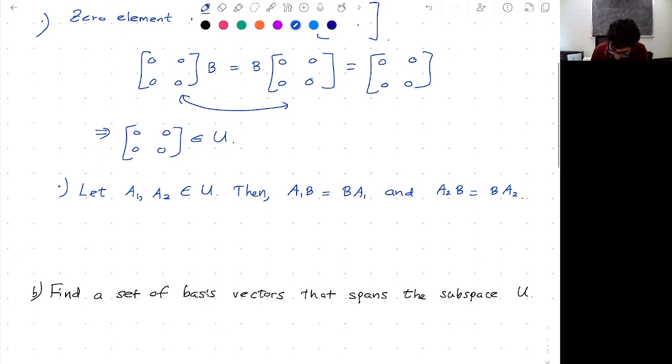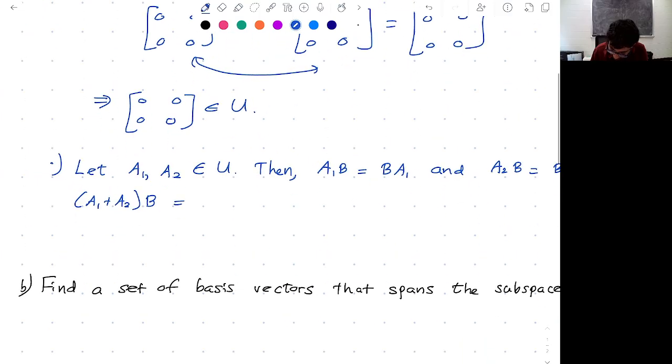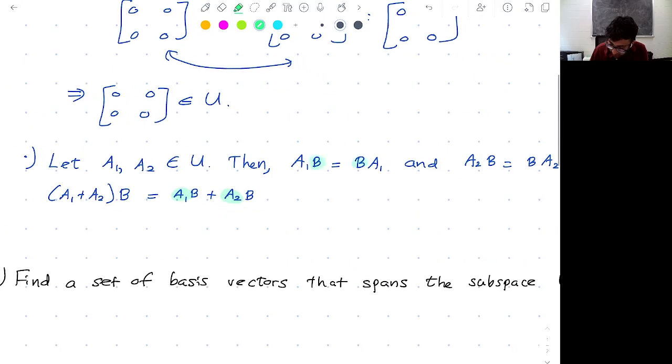So let's see what happens to (A1 plus A2) times B. By the distributive property, I can rewrite this matrix multiplication as A1B plus A2B, but both A1 and A2 commute with B. So A1B is equal to BA1 and A2B is equal to BA2, which is equal to B times (A1 plus A2).